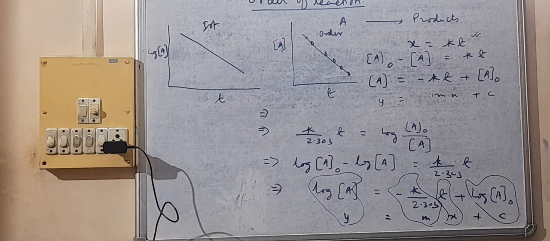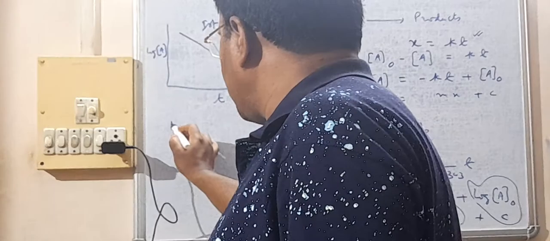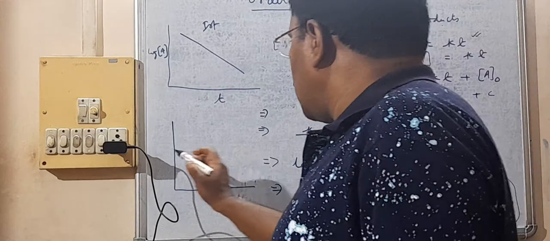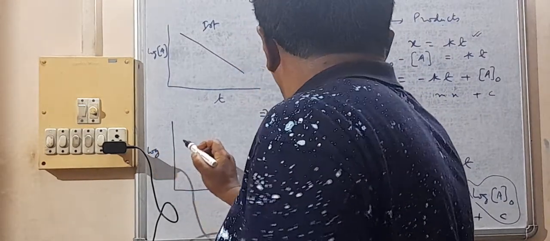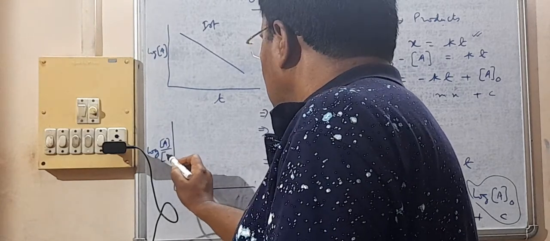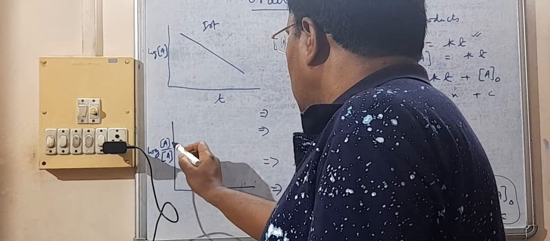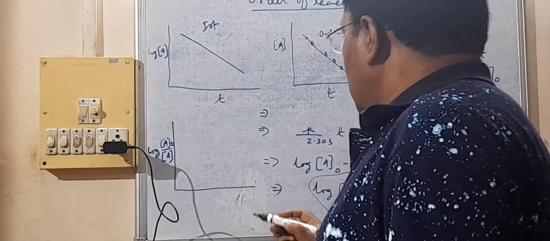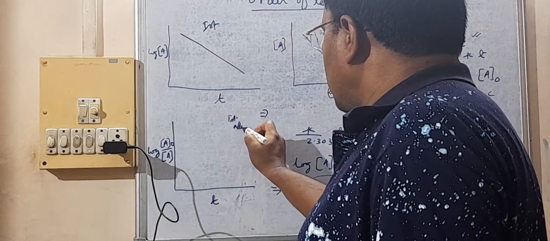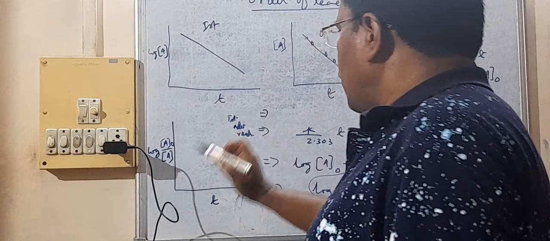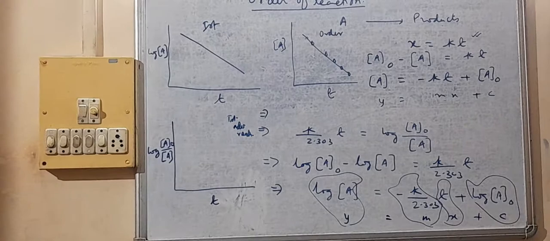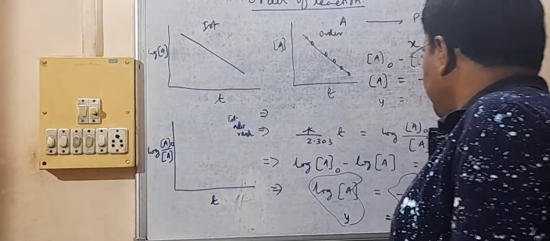Suppose you are asked a question in exam, it can be asked: what is the plot of log A naught by A versus time for first order reaction?